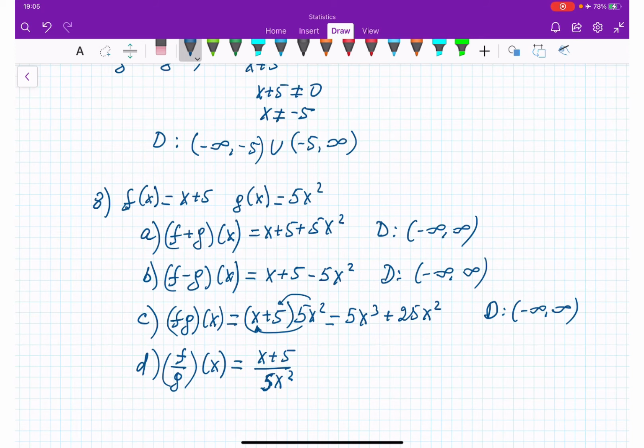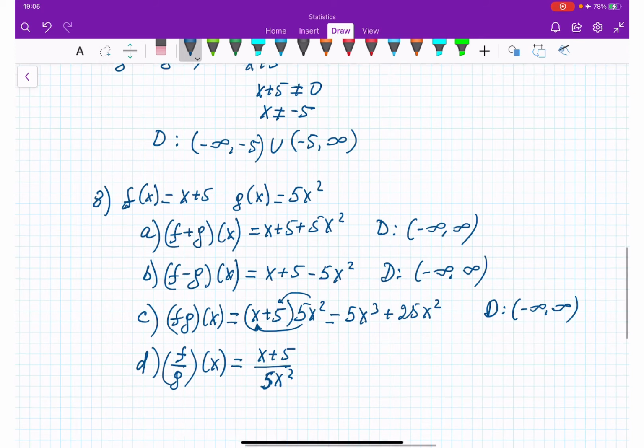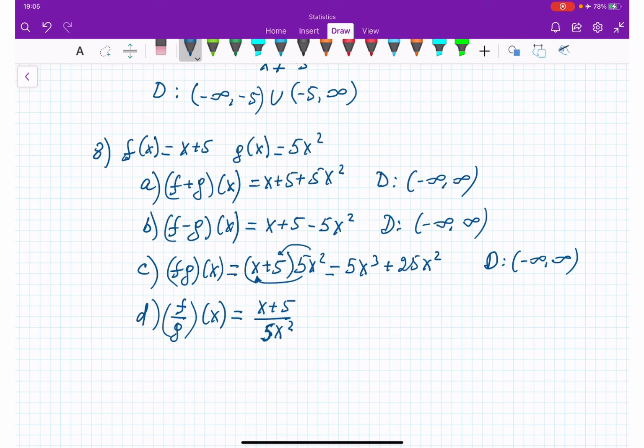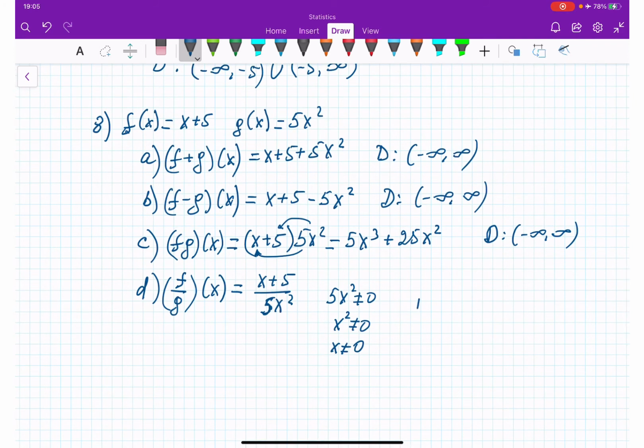So we have a restriction, obviously. 5x squared cannot be equal 0, which means x squared cannot be equal 0, which means x cannot be equal 0. So we have a break in this function at the point of 0, so domain is going to be negative infinity to 0, and then 0 to positive infinity.